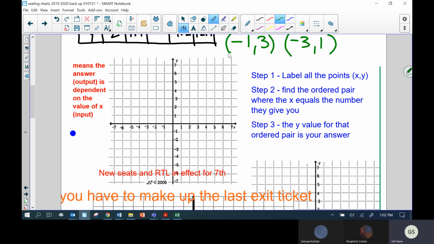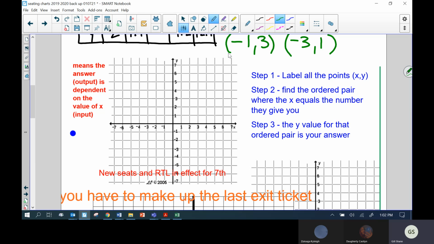Well, we haven't done anything exactly like that. Here's your process when you see one like this on the test. If I just give you 2 points and I say graph the line that goes through those 2 points, well, I'm sorry, don't graph it. Create the equation of the line that goes through those 2 points. We've done this from a graph before.